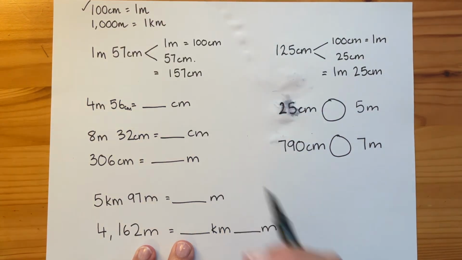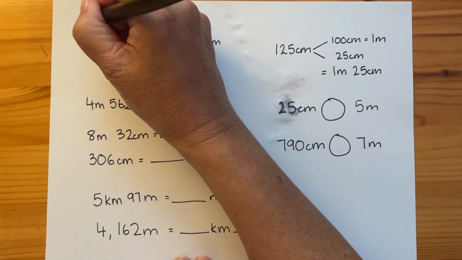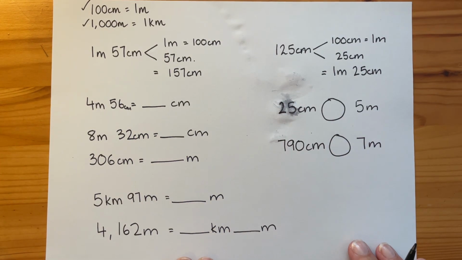You need to know that 100 centimeters is 1 meter, and in class we looked at what a meter stick looks like and what a centimeter looks like. And we also need to know that 1,000 meters, so one of those big meter sticks, is 1 kilometer.